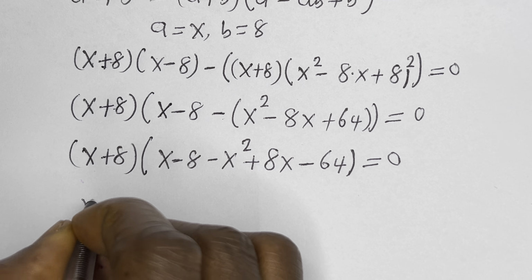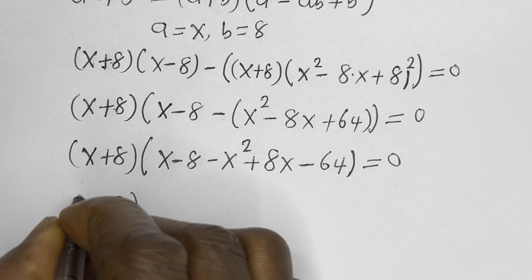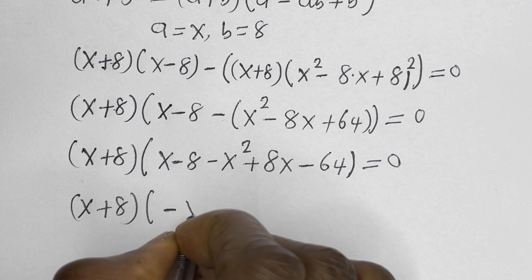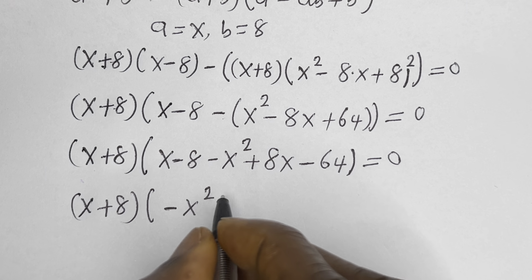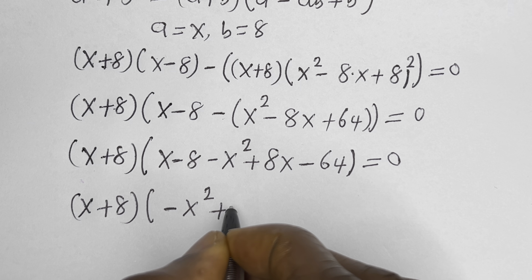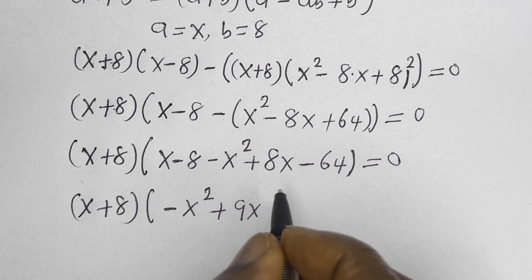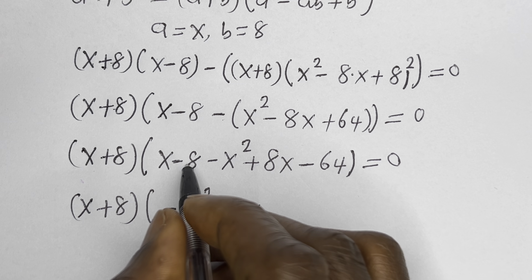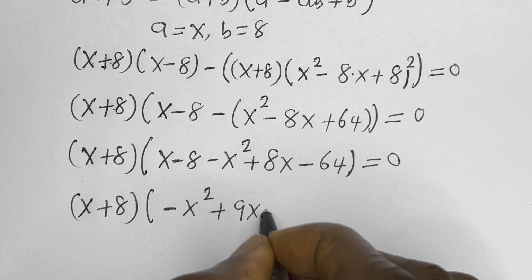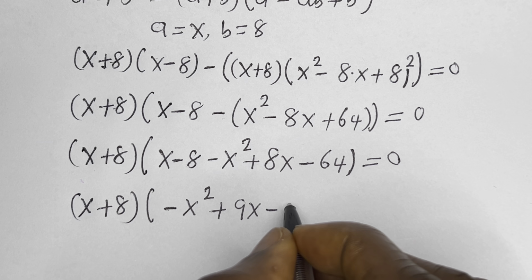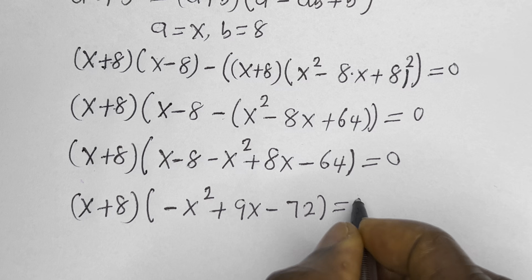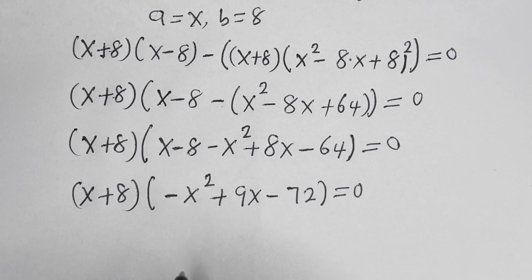This is s plus 8 bracket. Here is minus s square, then 8s plus s, that is plus 9s, then minus 8 minus 64, that is minus 72, is equal to 0. There are two cases here.